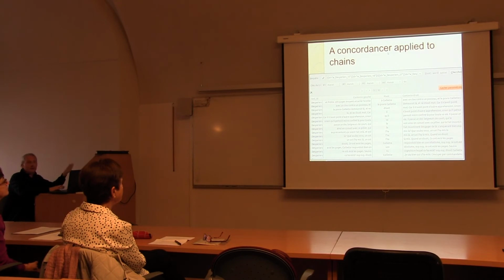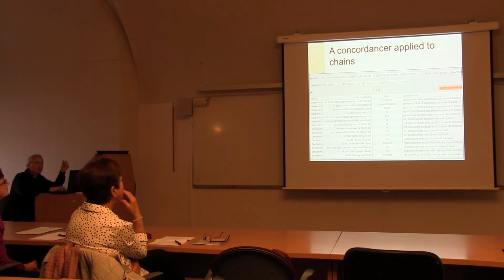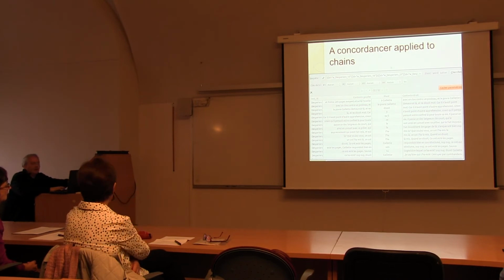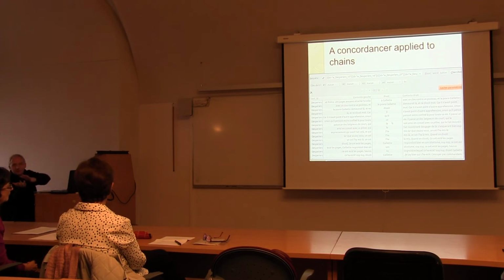Another one, very simple, is the notion of concordance. It has existed for a while, but we applied it to the coreference chain. Here it is the concordance of the coreference chain that corresponds to a character named Cayette, and we have all the referring expressions of the chain here at the center with the left context and the right context.